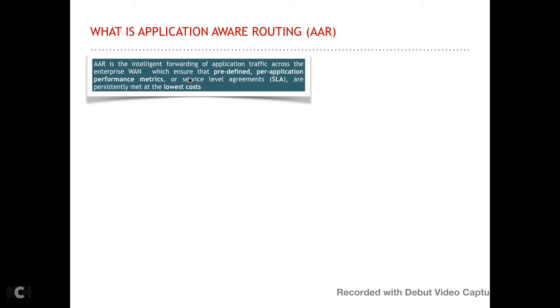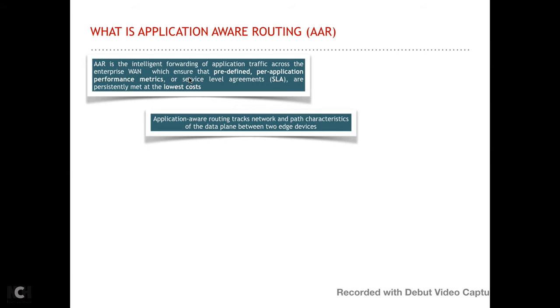That application is always given priority and placed on the right transport. So you are mapping a metric value at a service level agreement, so that this application should not violate this particular performance metric. If it gets violated, then take the necessary action, and that should be seamless to an end user, without even a session break. So that's the basic definition of AAR.